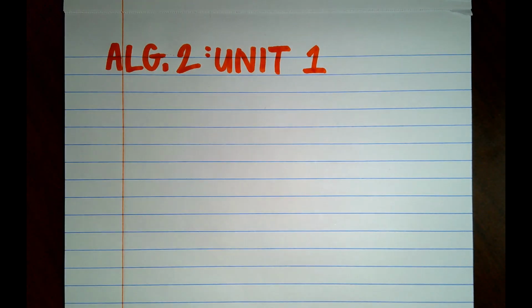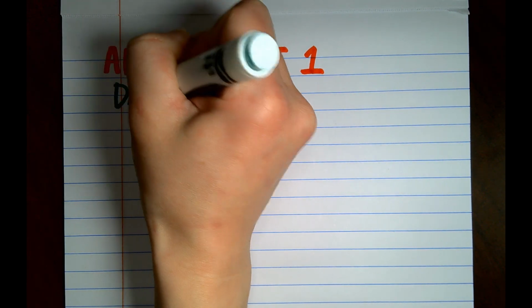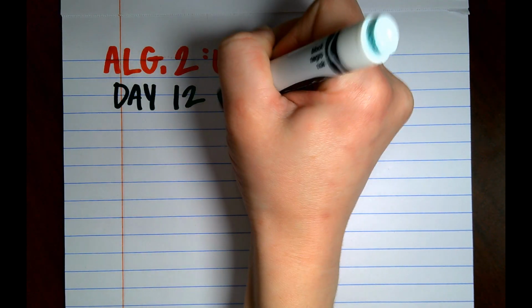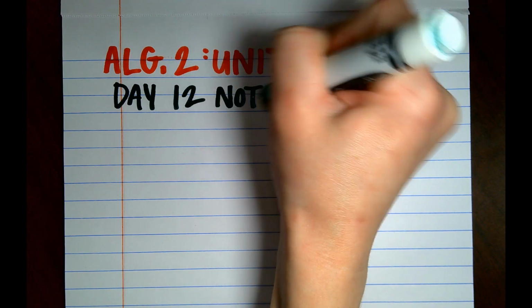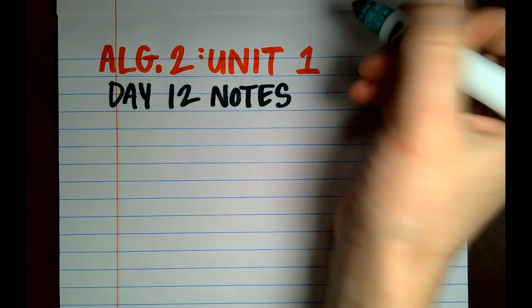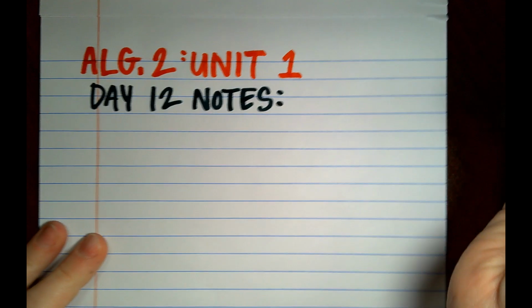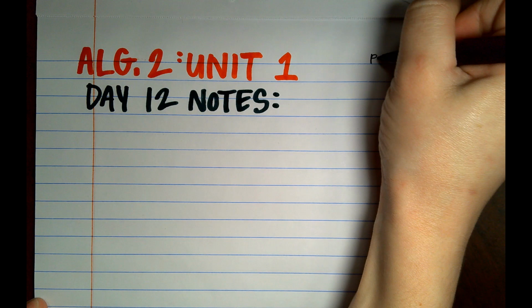Okay, so we are still in Unit 1. Unit 1 is our longest unit. There's a lot that happens in this unit. And today is day 12, so we will write day 12 notes. And this is page 1.